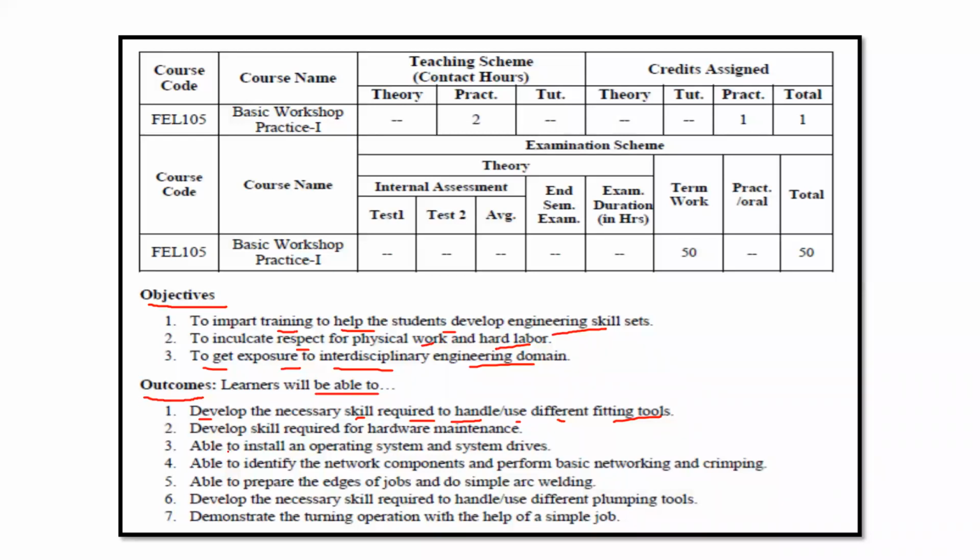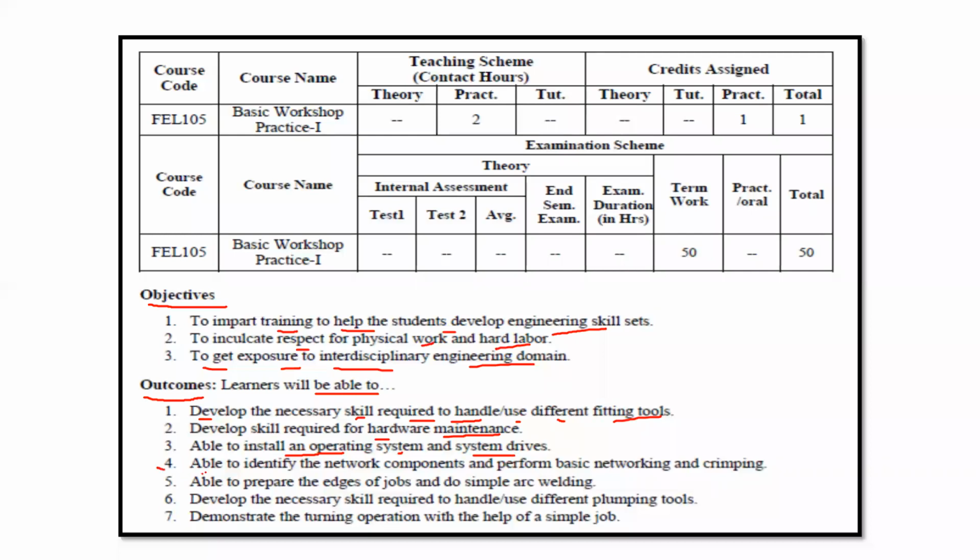Then second outcome, to develop the skill required for hardware maintenance. Here hardware maintenance is specifically for computer hardware. So the second outcome is for the computer workshop. Third, able to install an operating system and system drivers. Again this is for the computer workshop.